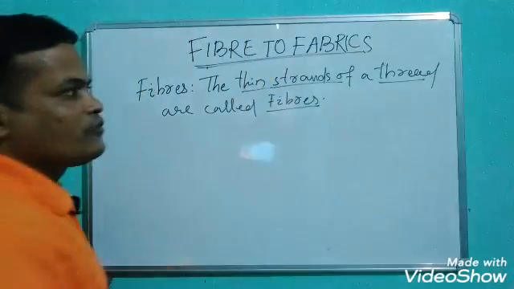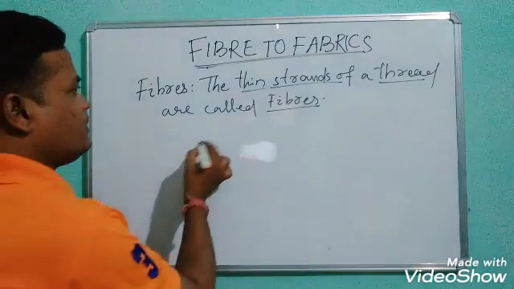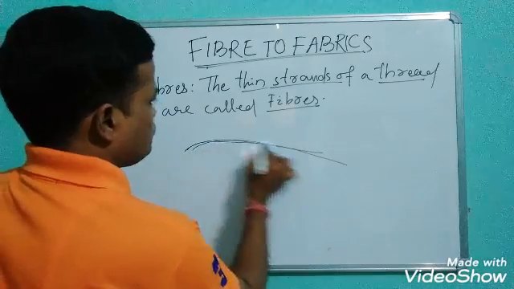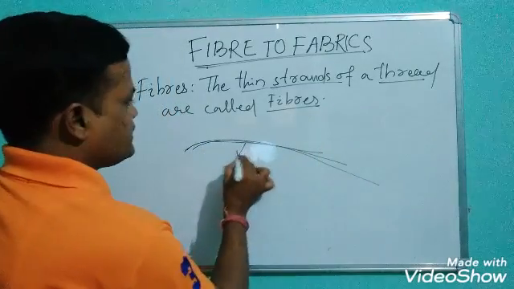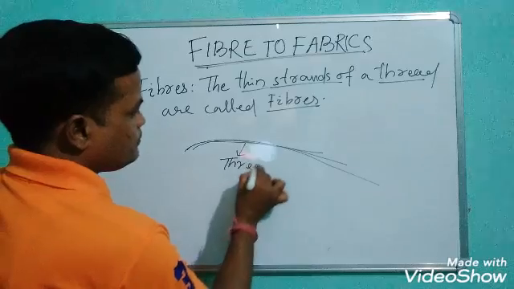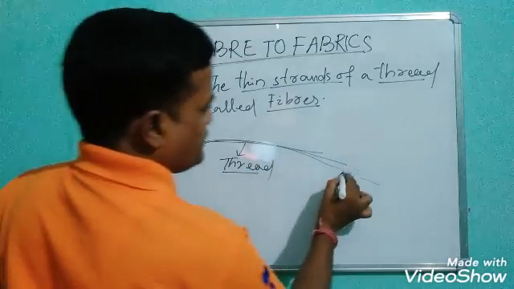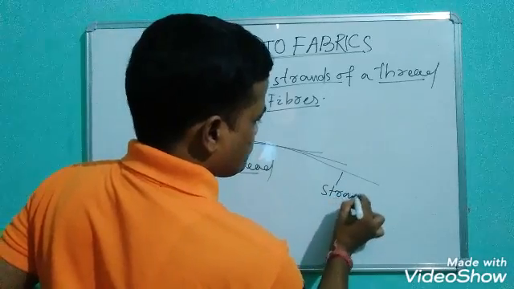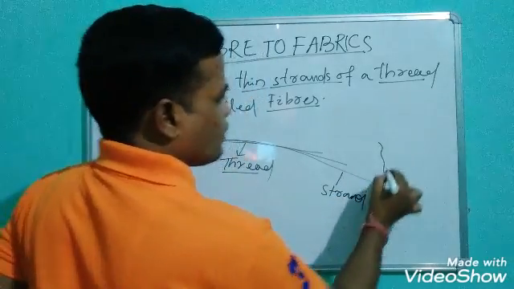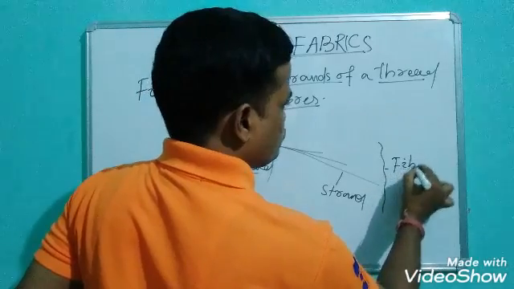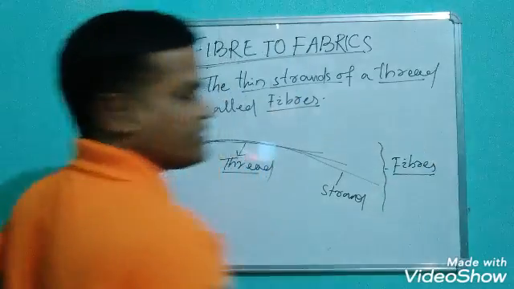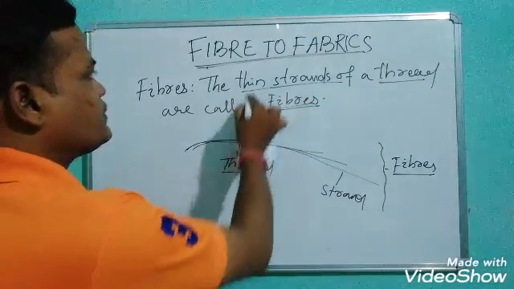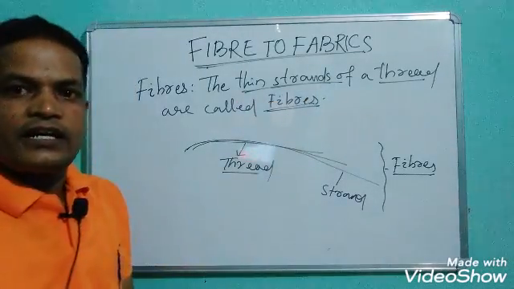You see, this is a thread and it is a strand. These strands are called fibers. Clear, friends? The thin strands of a thread are called fibers.